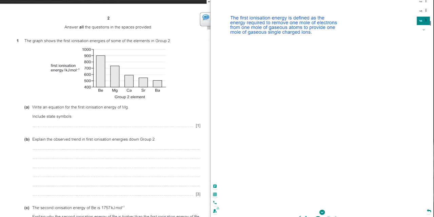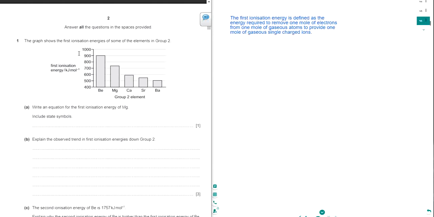So let's write it down. For magnesium we have Mg, and magnesium will lose an electron to form in the gaseous state. Oh, I forgot the state symbols. So Mg in the gaseous state.